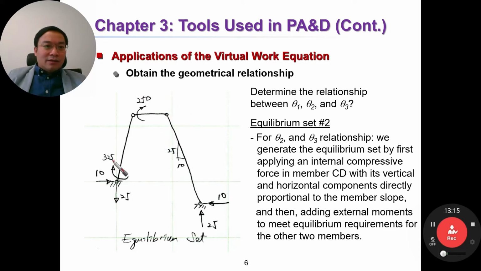Then you can determine this moment, and also you can determine the reaction here, 10, and the reaction here is 25, and also the reaction here is 10, and reaction here is 25. Okay, so we have the equilibrium set now.